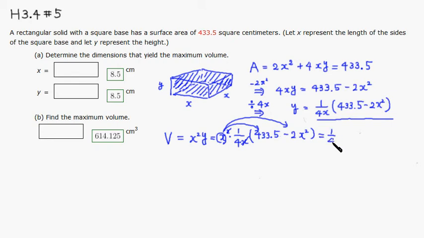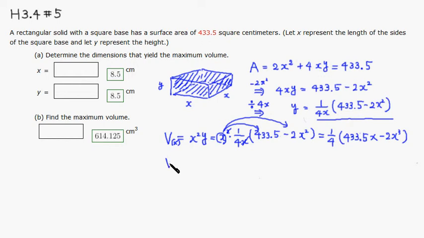You end up getting 1/4, I'll just keep it outside, times the quantity 433.5x minus 2x cubed. Let's find a critical number by taking a derivative. The volume function depends on just x.